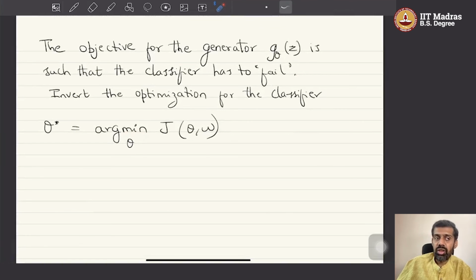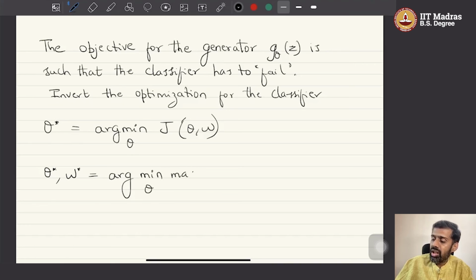Change the optimization problem from maximization to minimization, so that we find the generator parameters simply by minimizing the classifier objective, right? So finally we get our theta star and w star, which are the generator and the classifier parameters, such that you have one objective function, and the generator is trying to minimize it, and the classifier is trying to maximize that same objective function, right?